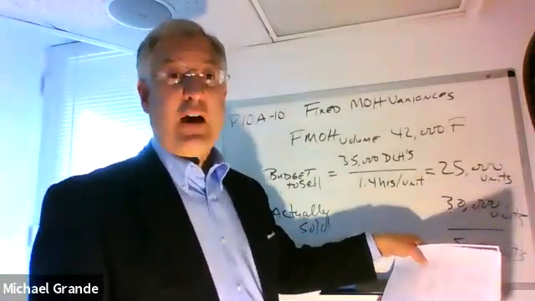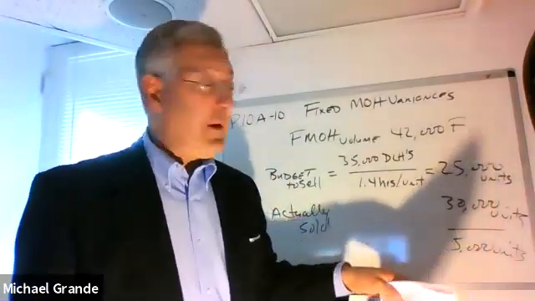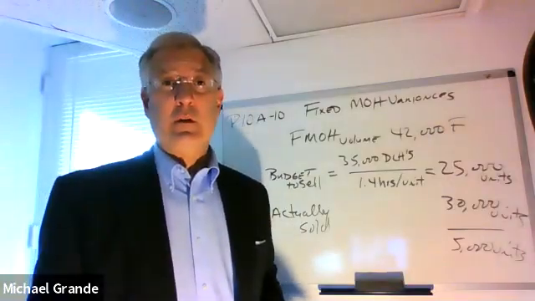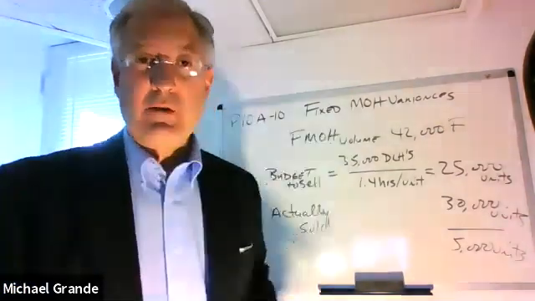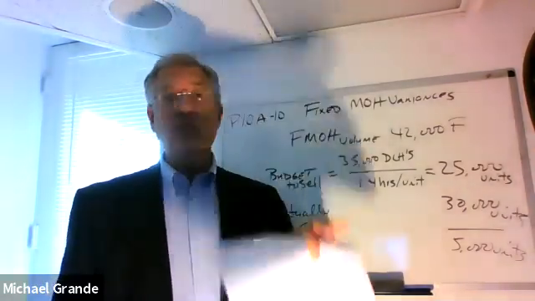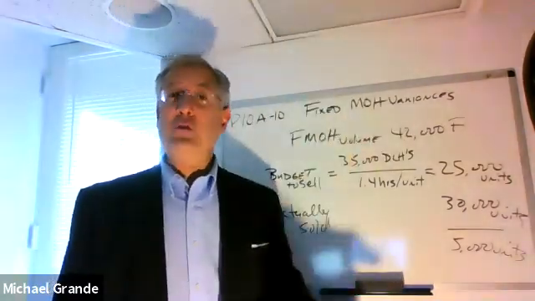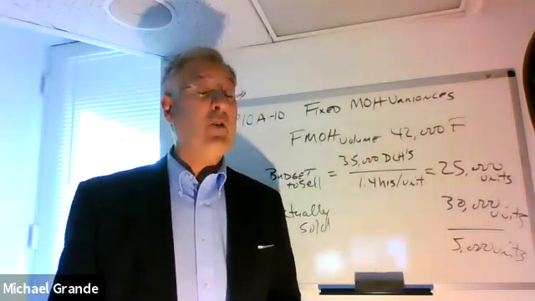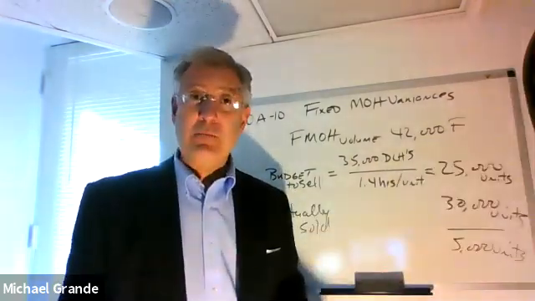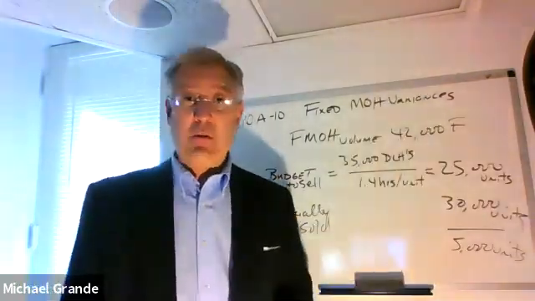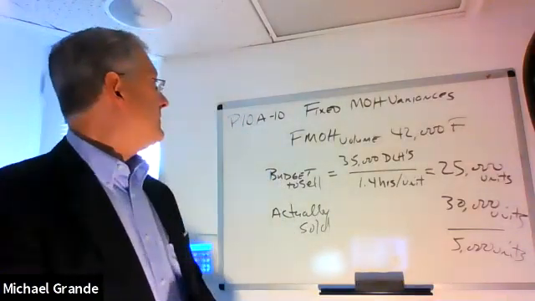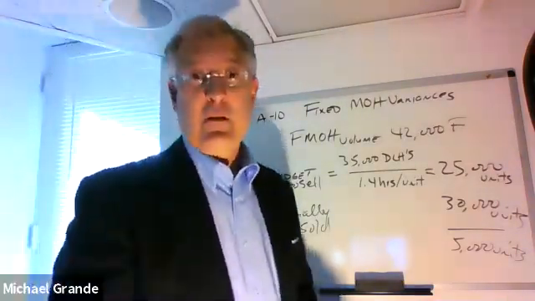So they sold 5,000 units more than budget, 20% more than budget. Who deserves the bonus? The salespeople deserve the bonus. You need to reward, you need to recognize the salespeople by giving them the bonus and not the direct labor employees. So that's problem 10 from the appendix. Thank you very much.